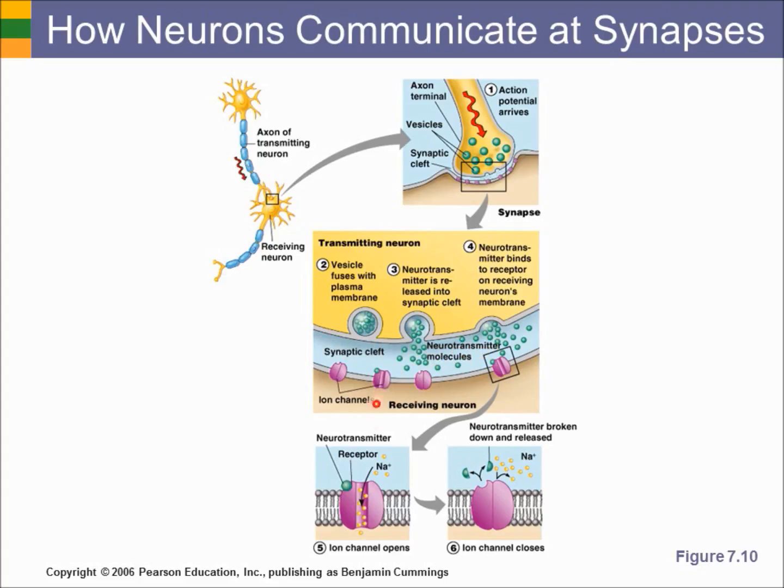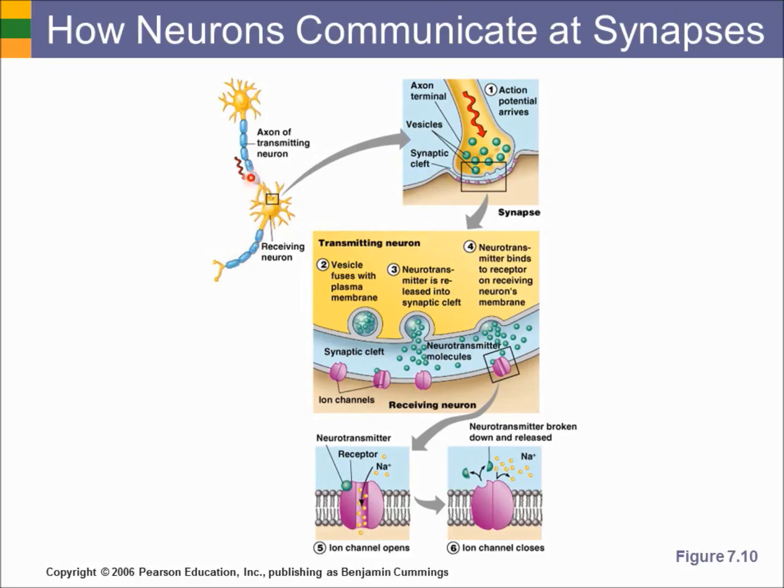They bind to the receptor proteins on the next neuron, the postsynaptic neuron. The neurotransmitter binds, opens up a sodium gate, and in rushes sodium. So sodium rushes into this postsynaptic, or receiving, neuron, and it generates an action potential that moves all the way down again.